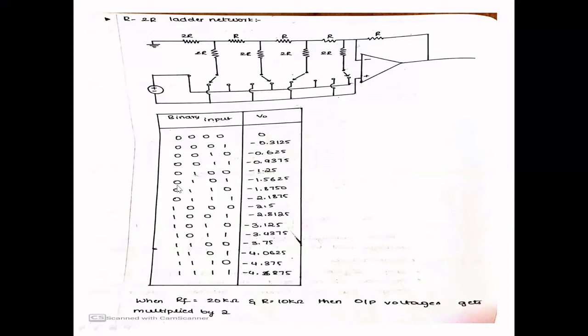Whenever we give these binary inputs to the R2R ladder network, these are the output voltages you are going to obtain. We will look at at least one example, and we will understand the R2R ladder network in detail.